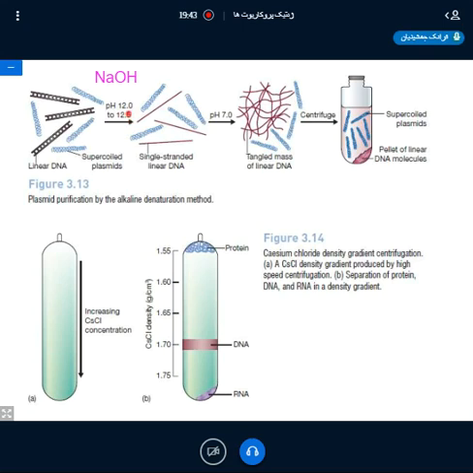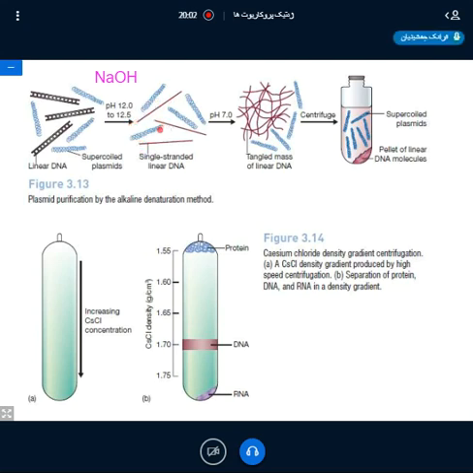What will happen if we increase the pH? If we increase the pH, the linear DNA, look at here, breaks to single strand DNA.